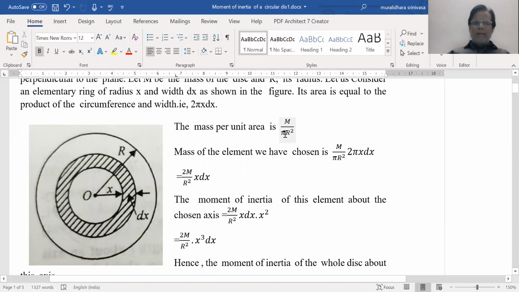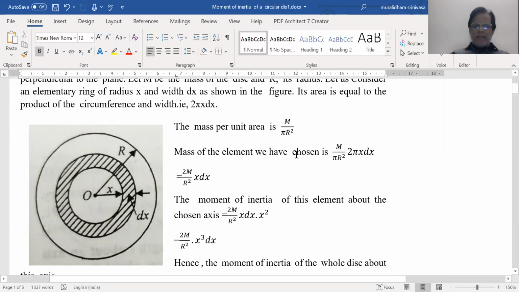So the area of this ring is circumference into width, therefore 2 pi x into dx. Now the mass per unit area, if the mass of the body is m and the area is pi r squared, where r is the radius of the disk, is m by pi r squared for the whole disk.